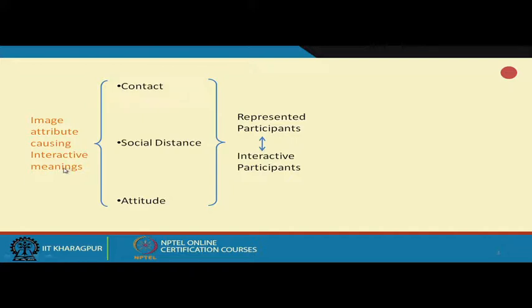There are certain qualities in an image which contribute to the interaction, and we will talk about what these qualities are and how to design so that the interaction is correct.